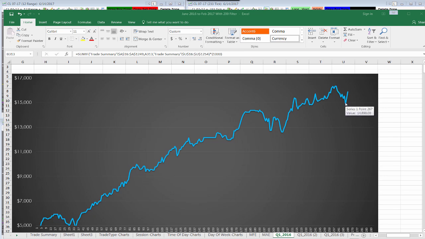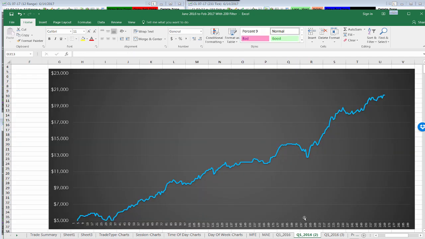Now let me show you this same equity curve. From this point to this point, the equity curve is the same, but from this point to this point, it shows you the trades with the filters. Here's that same point, so all of this is the same.